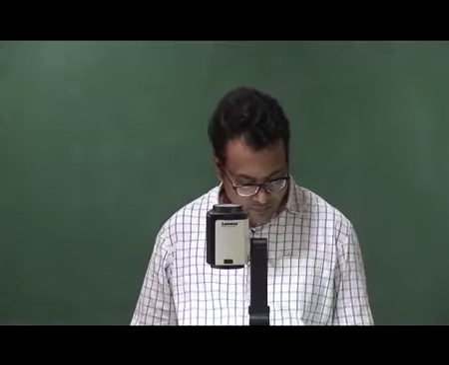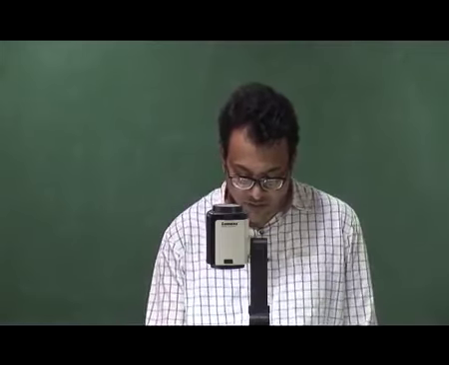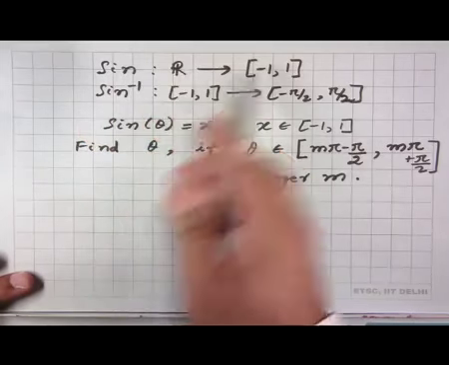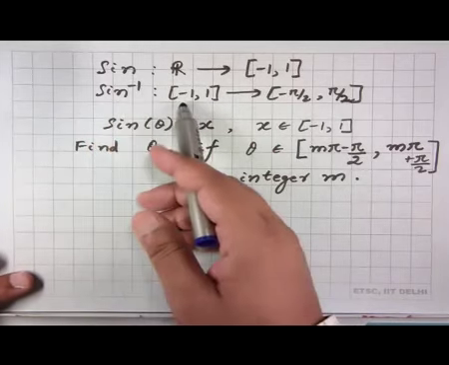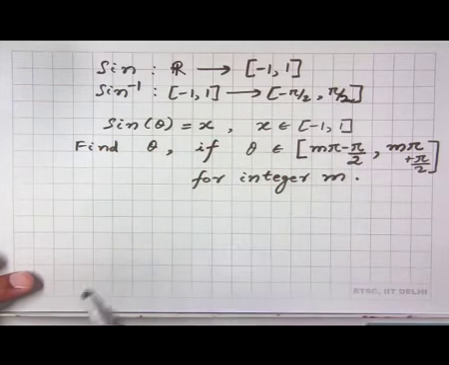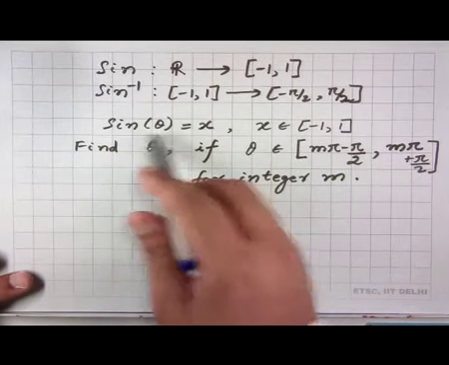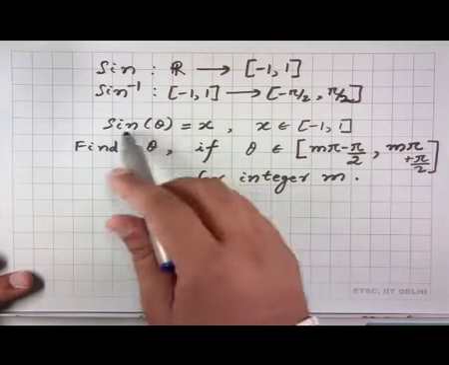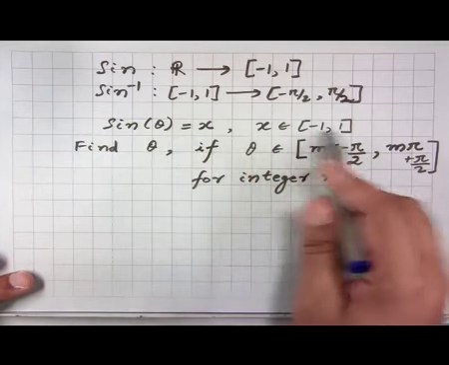So, I have tried to solve this problem in general for the sine function. For the sine function, the domain and the range is as written here, and for the sine inverse function the domain is -1 to 1, the range is -π/2 to +π/2, and let us say that we have to solve this equation here. So, we have to find theta such that sin theta equal to x, x of course belongs to -1 to +1.